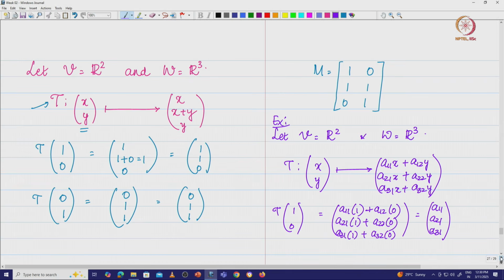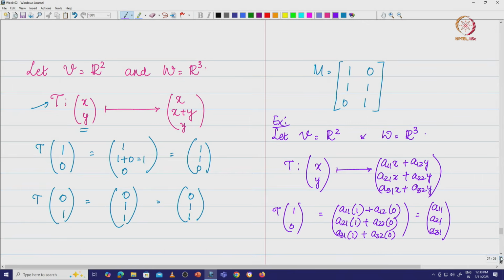So, if I want to study the effect of this transformation on the entire R2, it is enough that I study the effect of the transformation on any basis of R2, because every vector in R2 is going to be expressed as a linear combination of the basis vectors. You can get this from the basis expansion.